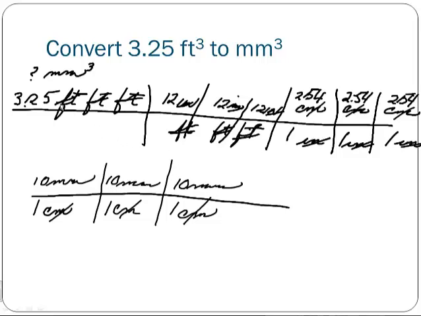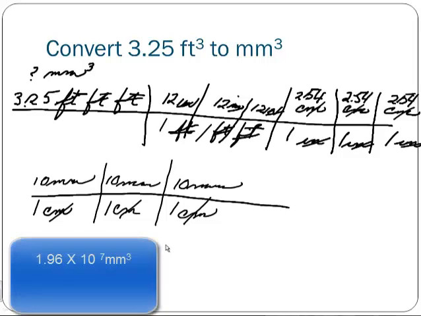So now, how am I going to solve this? 3.25 times 12, times 12, times 12, times 2.54, times 2.54, times 2.54, times 10, times 10, times 10, and my answer comes out to, and I'm going to put it in scientific notation, 1.96 times 10 to the 7th.